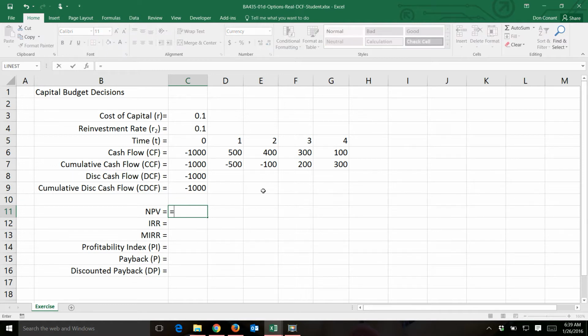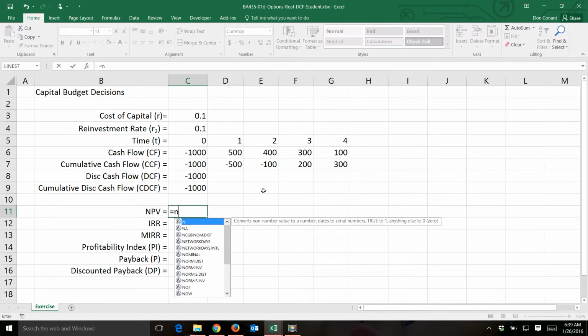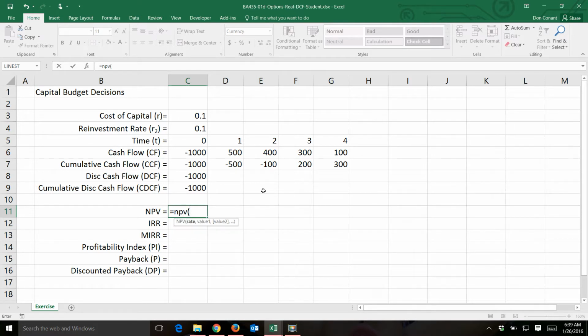In Excel, you enter net present value, which is the formula, and it asks you for the rate. And the rate in this case is the cost of capital, R. Then it asks you for the value, the cash flow values, which will start here in year 1.